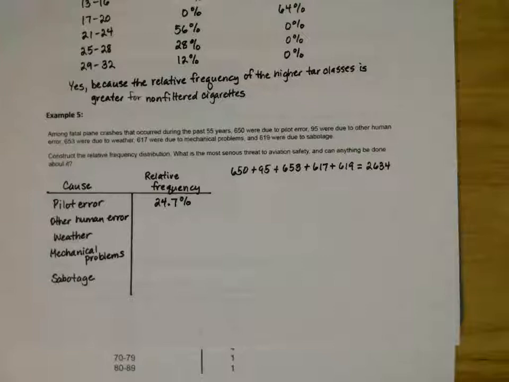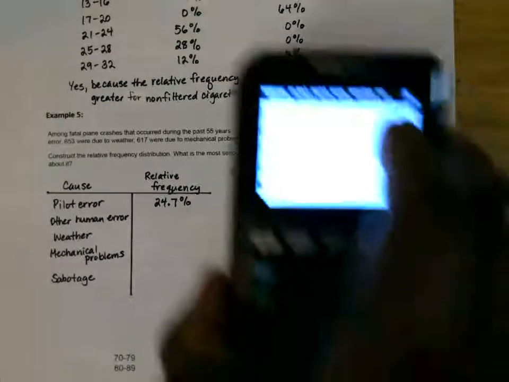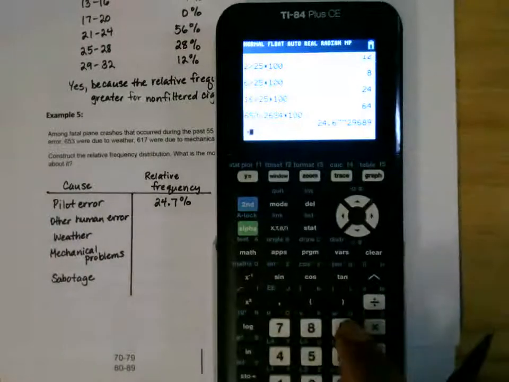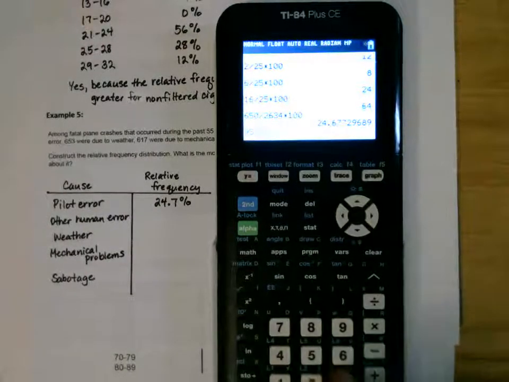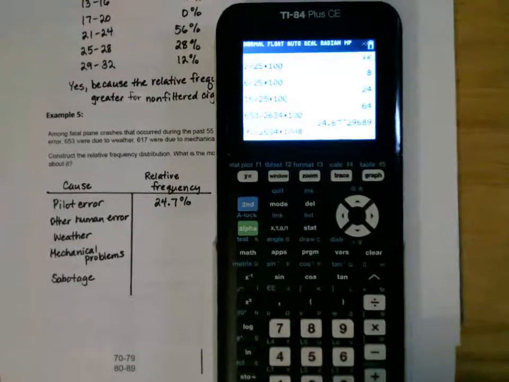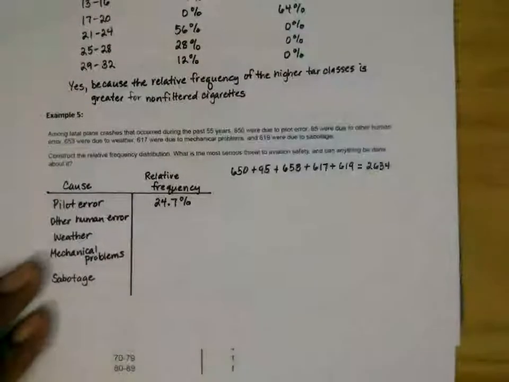Now, for other human error, there was 95 from other human error. So I take 95 divided by 2,634 times 100. And to one decimal place, this will be 33.6%.